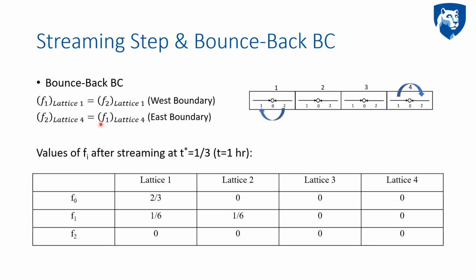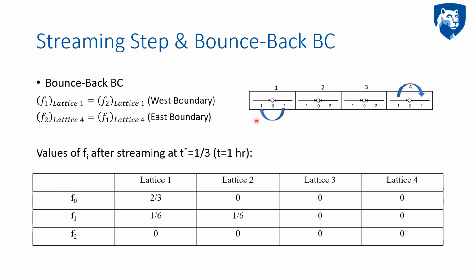And then for the bounce back boundary conditions, we would update for the first lattice. For the west boundary, we have to update f1 with the value from f2. Because f2 goes in this direction, it bounced back, so it became f1.